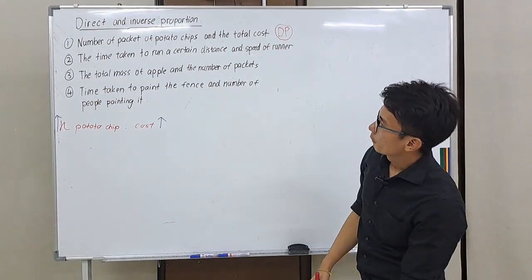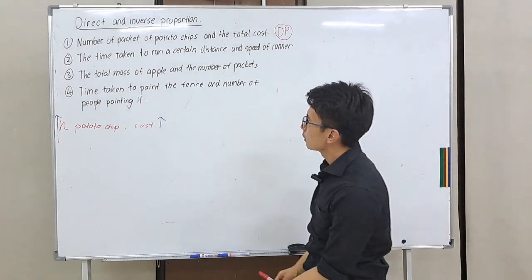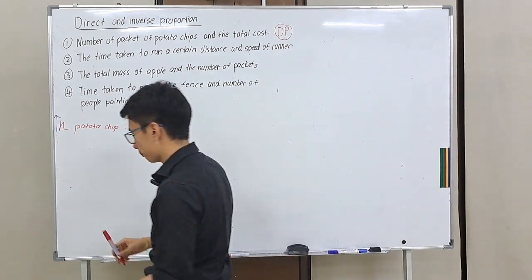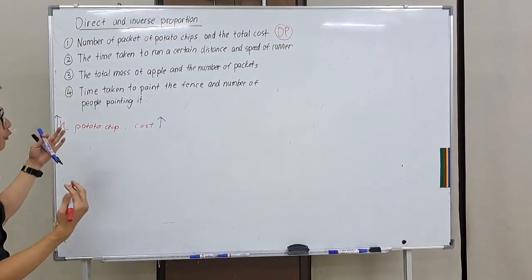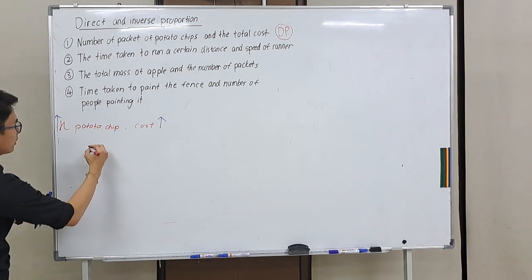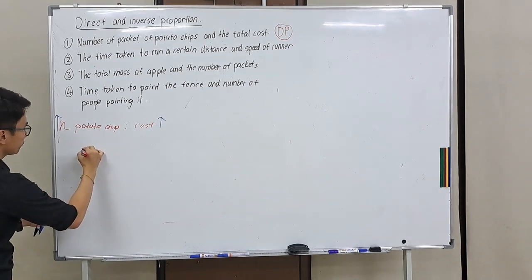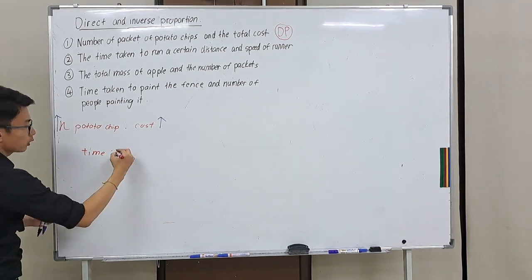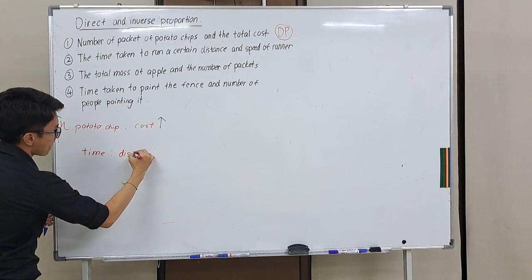Now let's look at the next one. The time taken to run a certain distance and the speed of a runner. Okay? Now let's fill up what information I have. So time taken, so I have time here. And to run a certain distance, so I have distance.